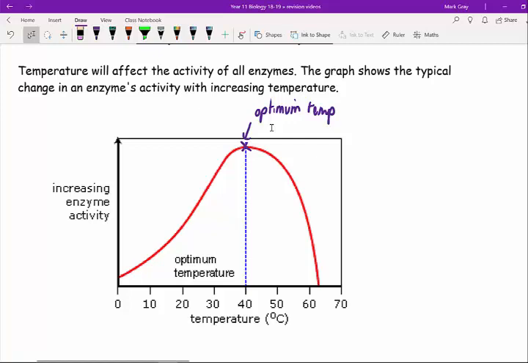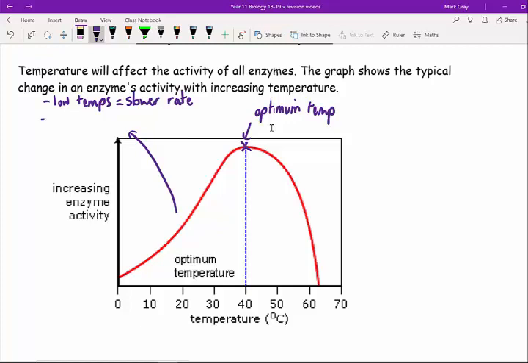So if we go for this, we could say that at low temperatures there is a slower rate.